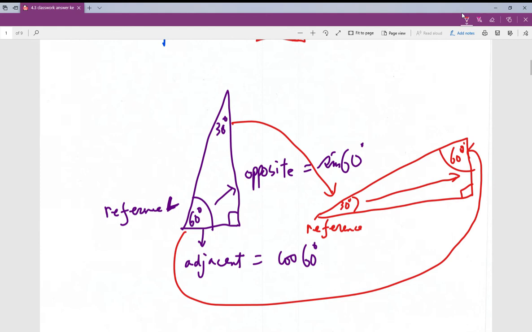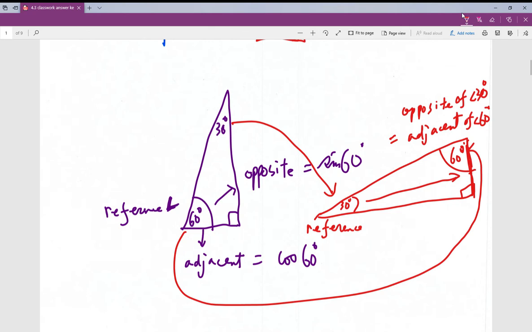So the opposite of 30 is basically the adjacent of 60. So opposite of angle 30 equals adjacent of angle 60, right?